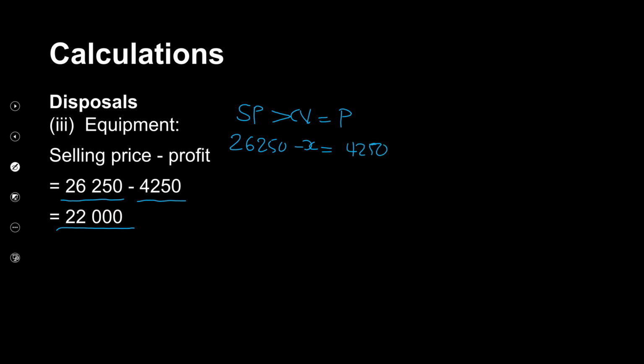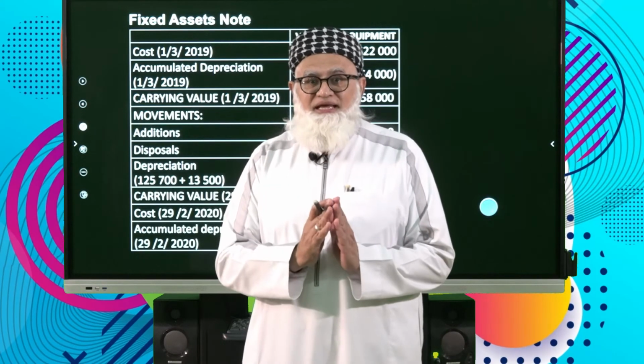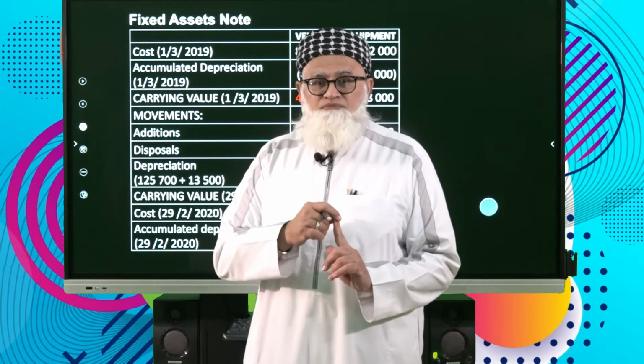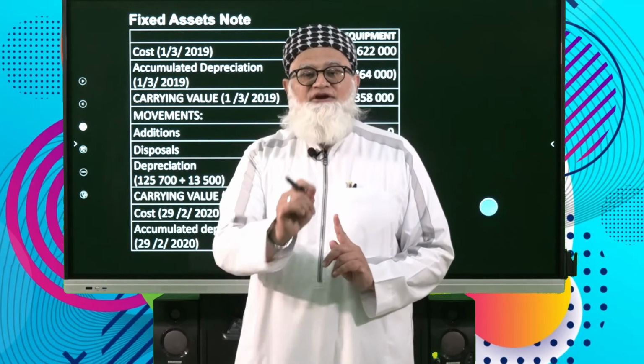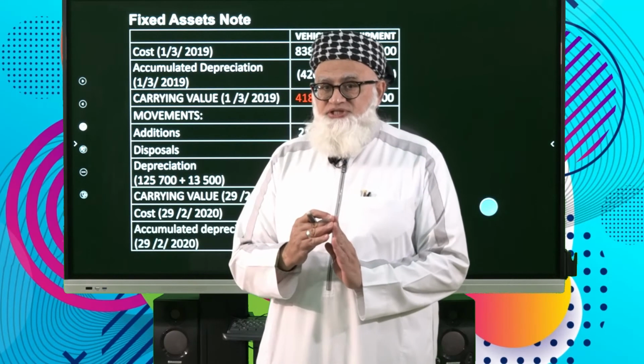Clearly you can see that your carrying value was 22,000, meaning that your selling price was greater than your carrying value, which resulted in a profit of 4,250. Now you can clearly see that my disposal is at 22,000. Right. Because remember what we said in note number 3: you want your disposal at carrying value, meaning cost price minus the accumulated depreciation.